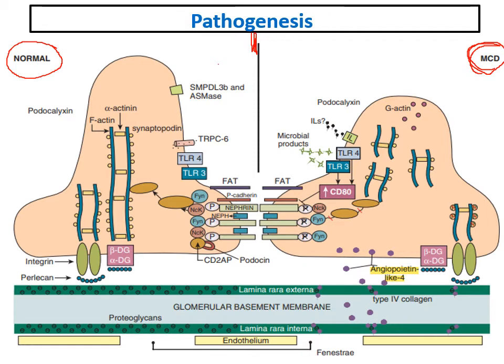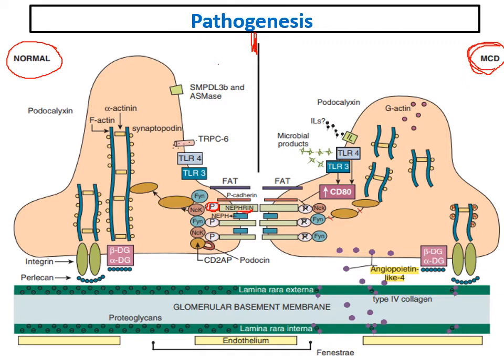In the normal side, let's focus here on the nephrin. Nephrin, one of the important proteins in the slit diaphragm. This is called slit diaphragm protein. It is the barrier that prevents the passage of more proteins. Nephrin, this P is phosphorylation, needs phosphorylation to be more active.